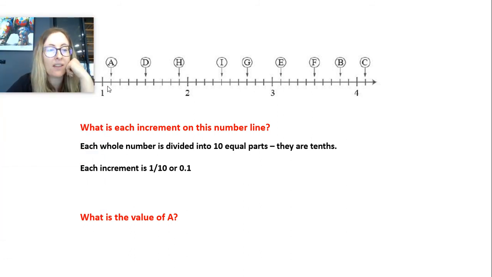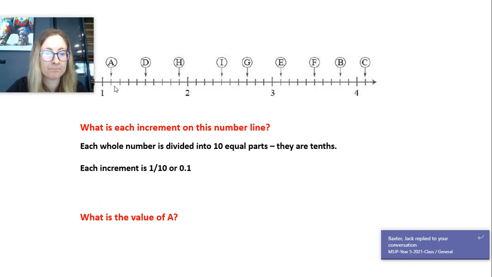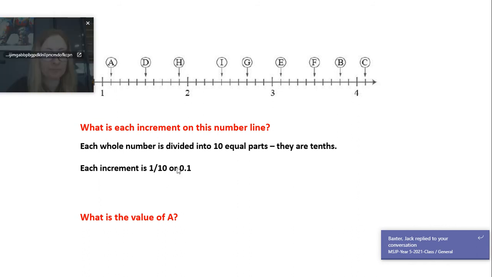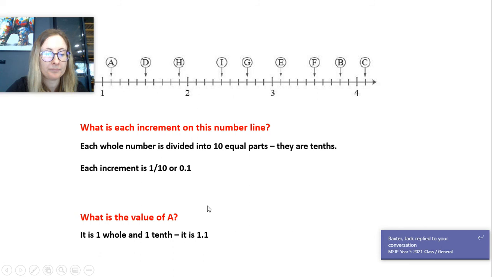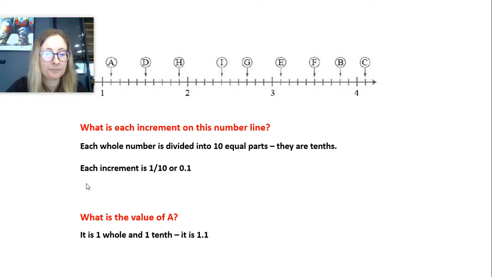We can see here that at A, there is 1 whole and 1/10. So how do we record a decimal number that is 1 whole and 1/10? Have a think. If you're thinking 1.1, then you are correct. It is 1.1.